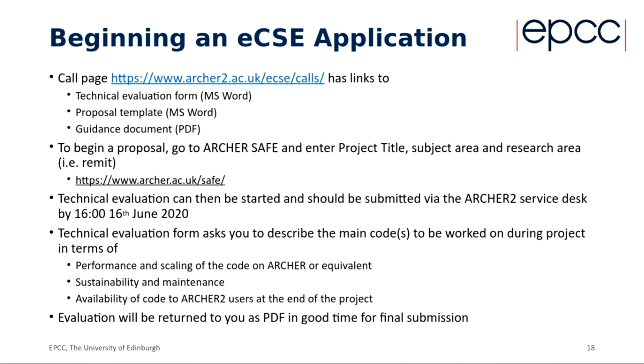There are some cases where you may be running on a tier 2 system, and that's fine if the end result of the project is that it could be suitable for ARCHER2. So you may want to show code scaling for a tier 2 system and describe how that would scale up to ARCHER2 at the end of the project. When you submit the technical evaluation, it will be returned to you as a PDF in good time for your final submission.